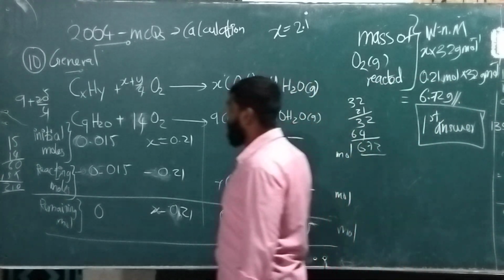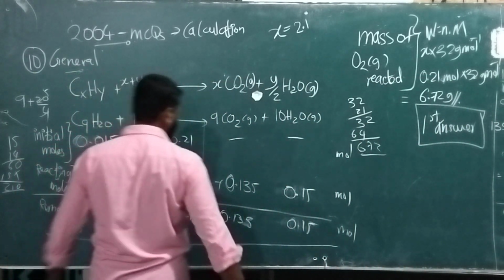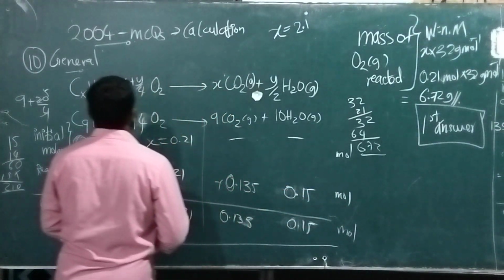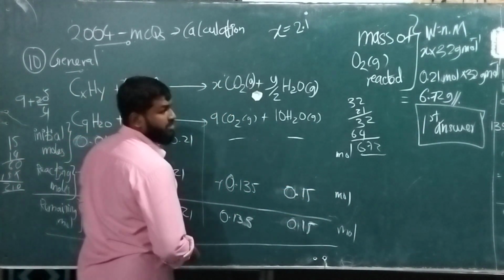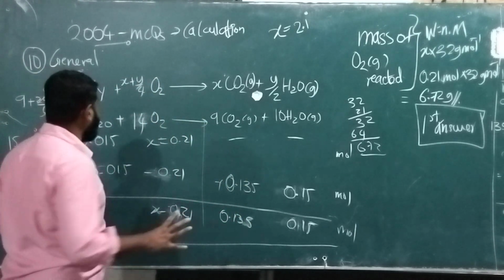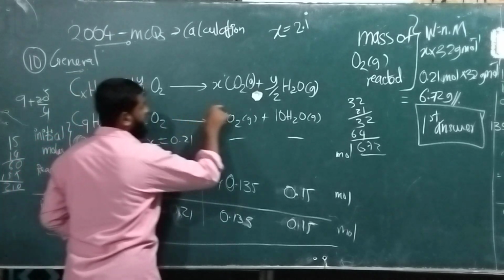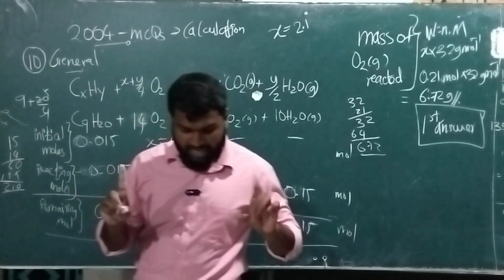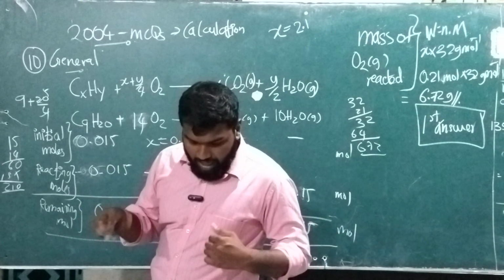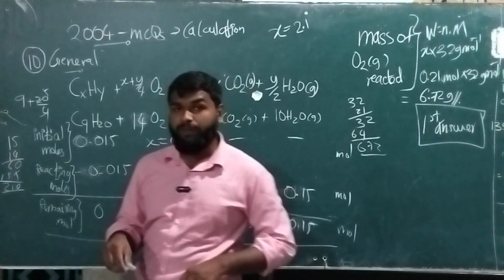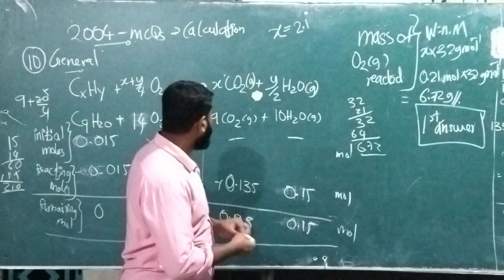So be careful. No need of getting all these moles here. Read the question carefully. This is just a 10th MCQ, a general question. Think wisely, right? This is a tricky part. Those who understand the terminology in the sentence, like gave on complete combustion 5.94 grams of CO2 gas and 2.7 grams of water vapor, only these two products were formed.